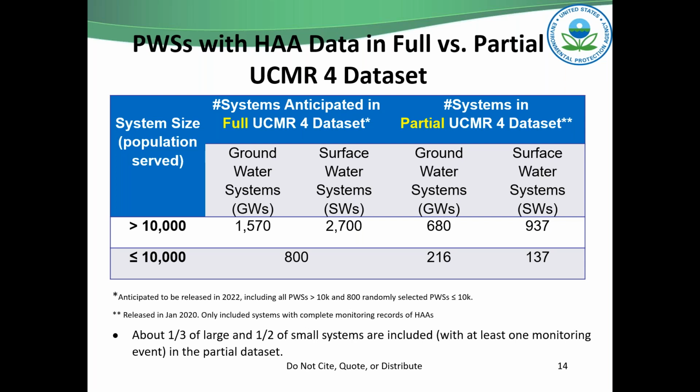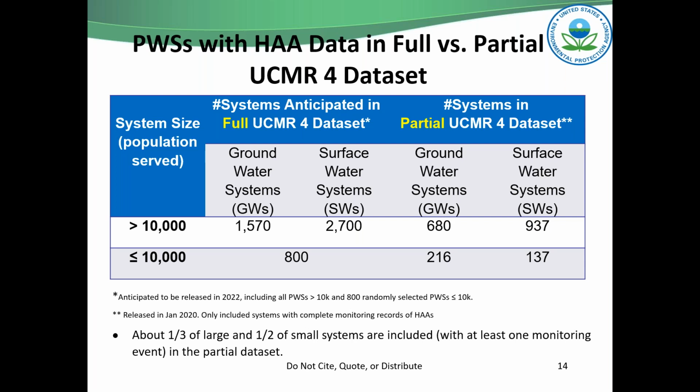Noteworthy here is the difference between the numbers of samples, or the numbers of systems, that are implicated under the UCMR4. You see the lower row, less than 10,000 people. That's a sample set that is intended to be representative of the US, and the system size over 10,000 is basically a census.